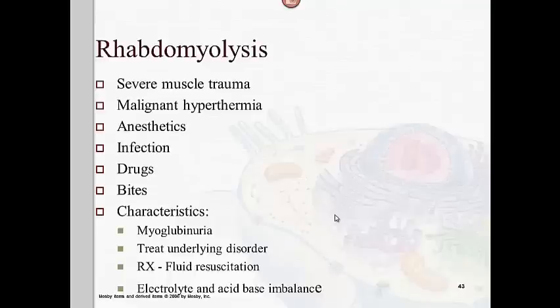The mechanisms, basically the pathophysiology of rhabdomyolysis, is there is damage to the skeletal muscle. There is a crush of the myocytes that basically interferes with blood supply. When there is damage to the muscle tissue, myoglobin rapidly fills the bloodstream.